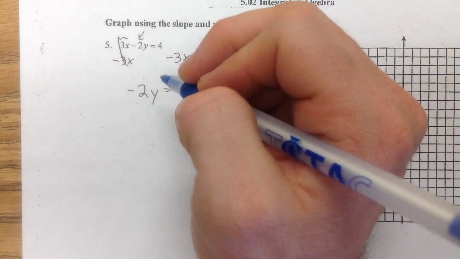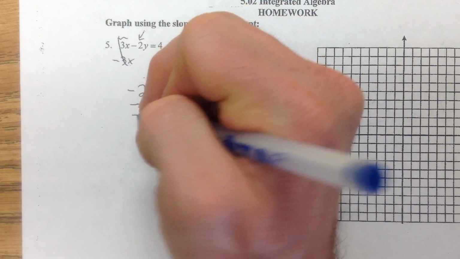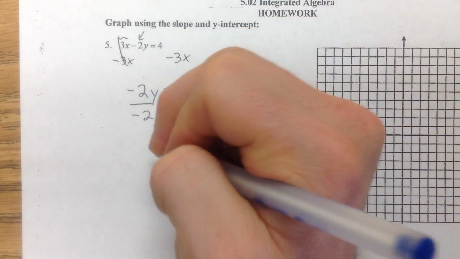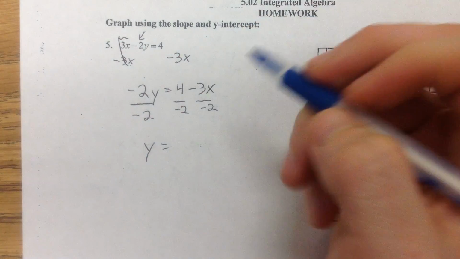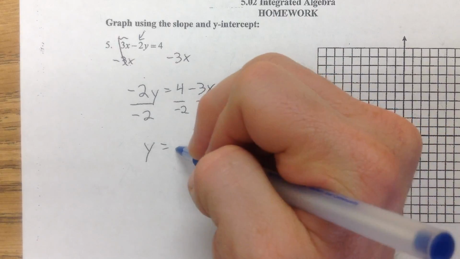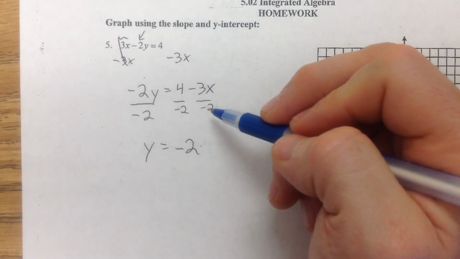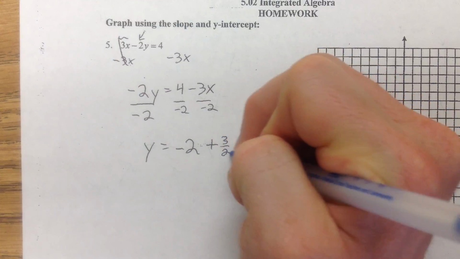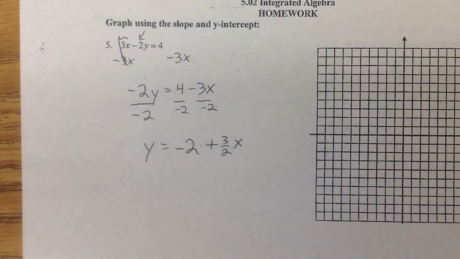Then my last step is going to be to divide both sides by negative 2. So this will end up being y equals 4 divided by negative 2, which is negative 2. Here we have a negative divided by a negative, so that's going to become a positive 3 over 2x.